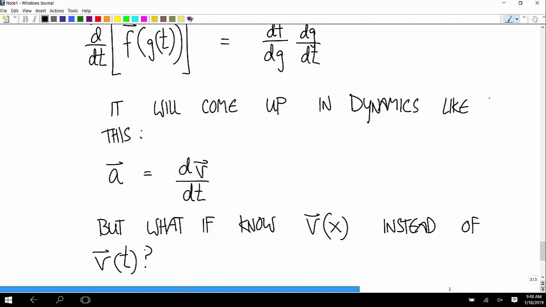I mean, acceleration is not dv dx, it's dv dt. So if this is all we know, and that would come up in any kind of energy analysis, you get your velocities as a function of position. At first glance, you would think there's nothing you can do.